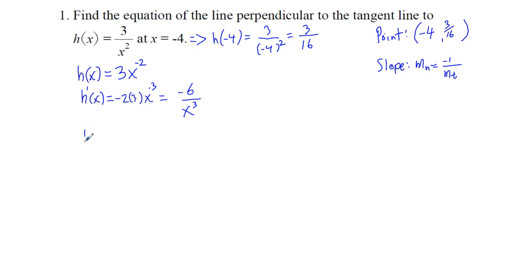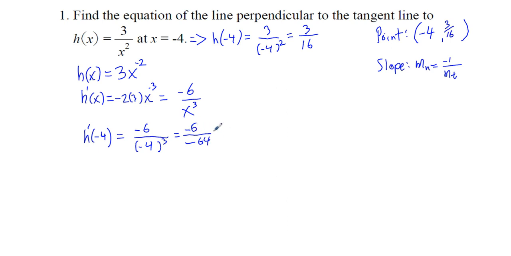Next, if we plug in our value of negative 4, h prime of negative 4 is going to be negative 6 over negative 4 cubed, which is negative 6 over negative 64.